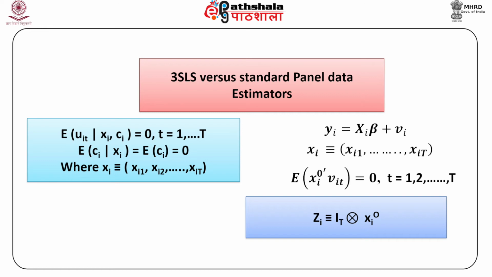The model in composite error form can be written as y_i = X_i beta + v_i, and this is our equation 13.